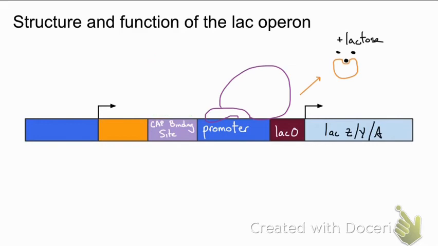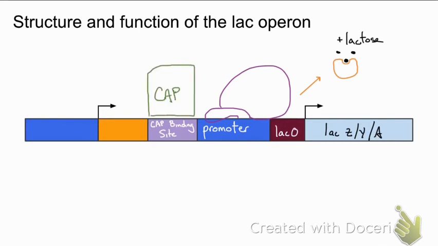Whereas the Lac inhibitor may function as the on-off switch, there's another protein that functions like the dimmer, and it can increase and decrease the intensity with which the LacZ, LacY, and LacA genes are being transcribed. This protein binds to the CAP binding site, and this protein is known as CAP.